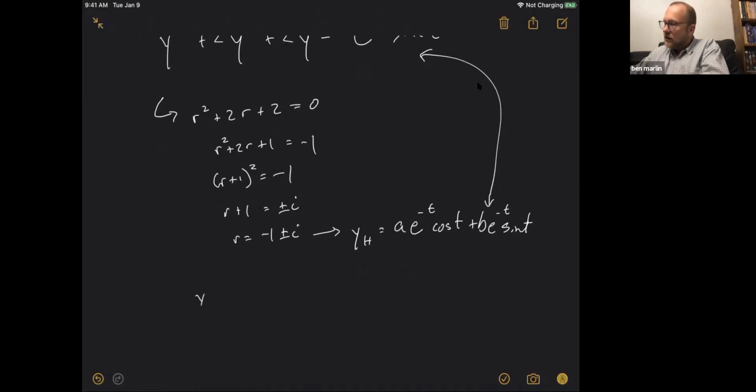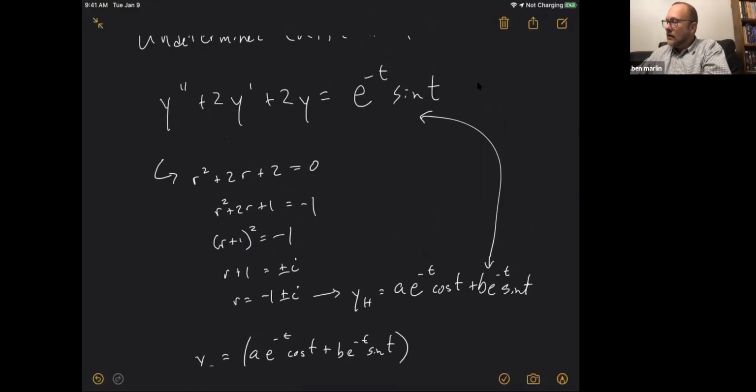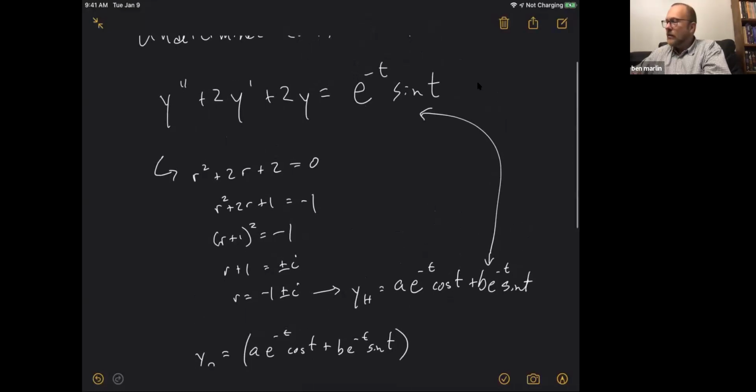So our y_p, we would normally come in here and say, I want it to be just a e^(-t) cos t + b e^(-t) sin t. But of course, that can't be the solution because that is exactly the form that we have for a homogeneous solution, and so when we plug it back in, we'll get 0.